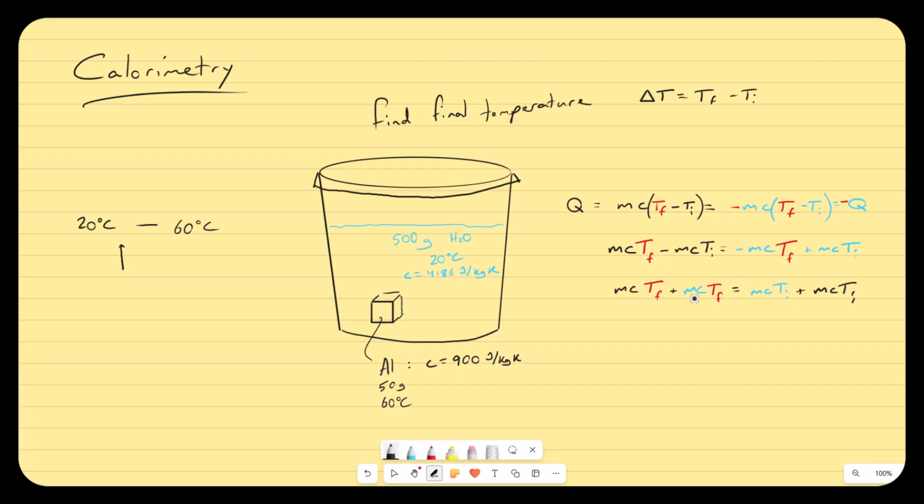I'm solving for T final, so I'm going to factor that out here. And over on the right side, the T initials are still different also. So if I am solving for that T final, all I need to do is divide.